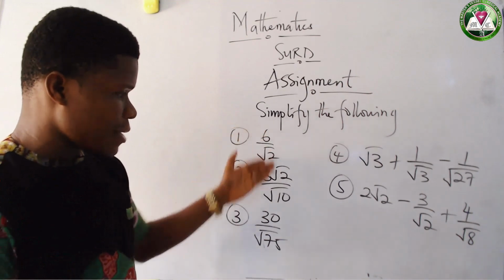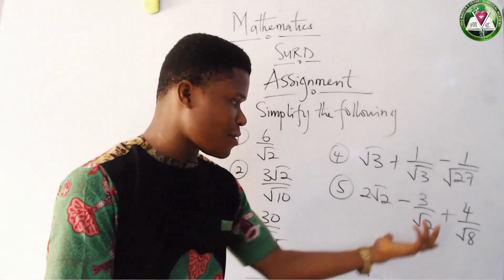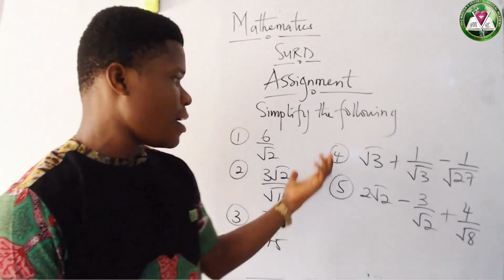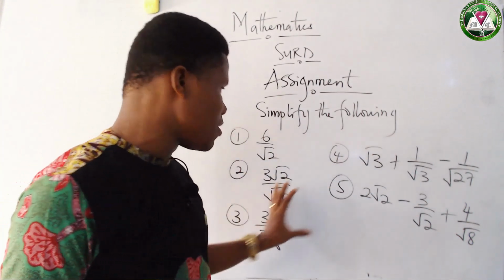This one falls under division. This one is a combination of division, addition, and subtraction. So try doing all these ones.